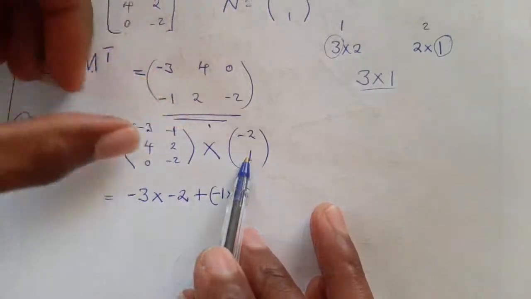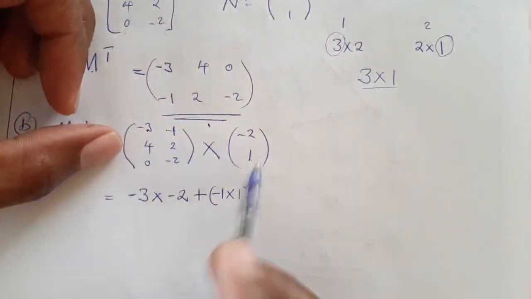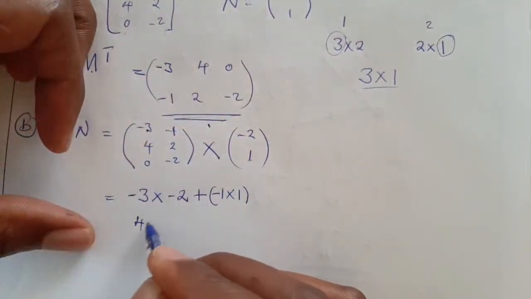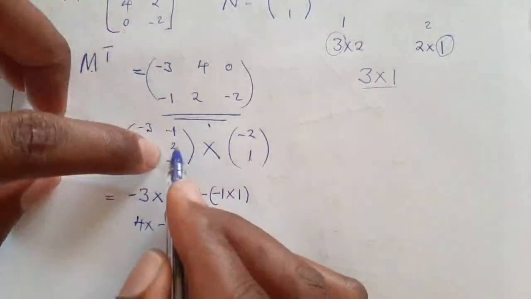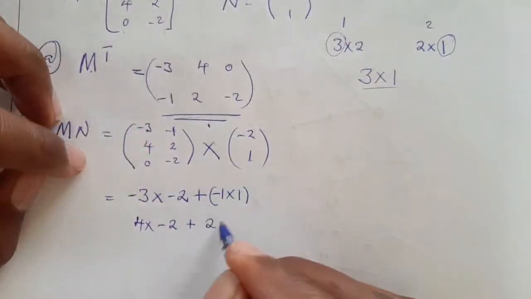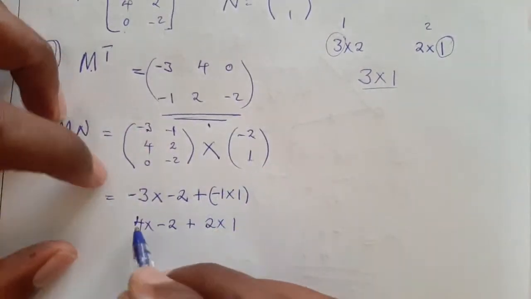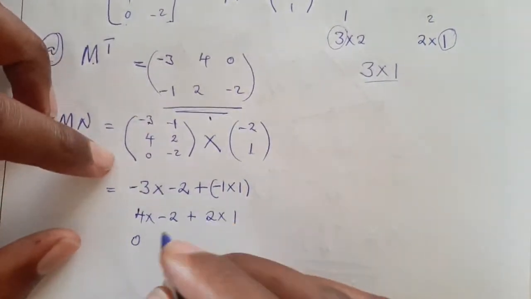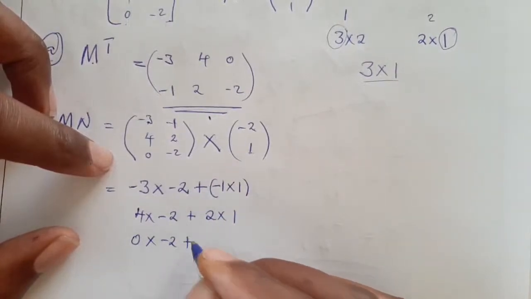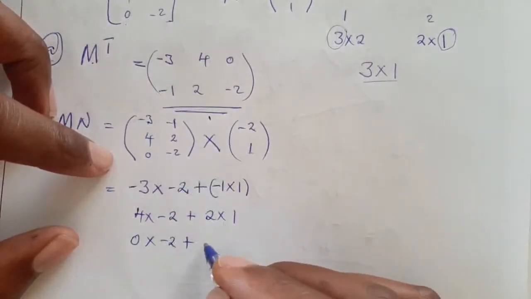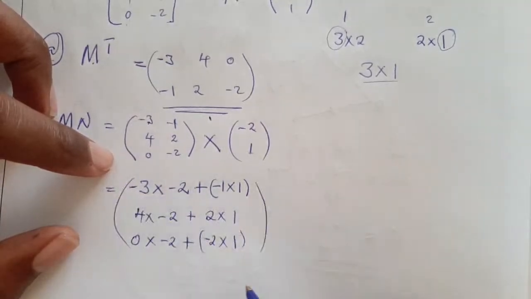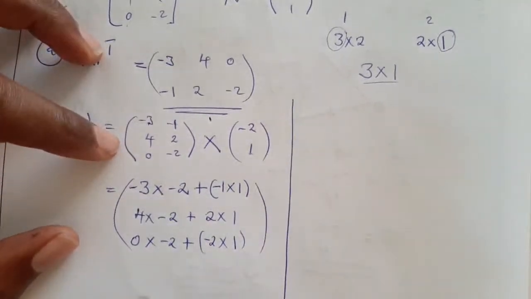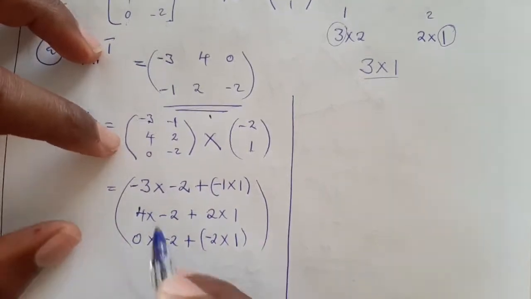Okay, so we go to the next row. Again, down here, 4 times negative 2, then plus 2 times 1. Come down again, 0 times negative 2 plus negative 2 times 1. From here now, we can multiply.